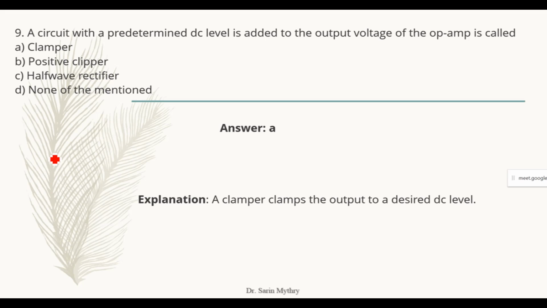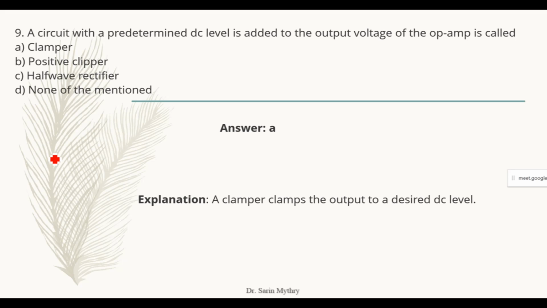Yesterday, in the previous lecture, I told you what a clipper is. A clipper is a circuit mainly used for clipping the unwanted AC signal, or removing the AC signal. Whereas a clamper is a circuit mainly used for adjusting the DC voltage levels.